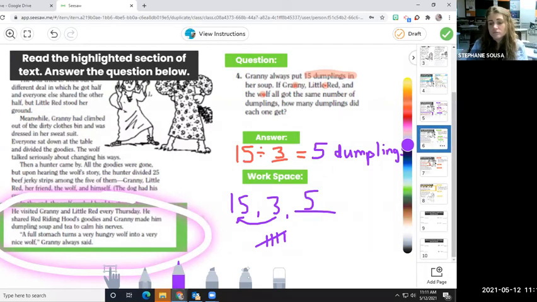Wouldn't 3 divided by 15 be 5 too? 15 divided by 3 would be 5. 3 divided by 15 would not.